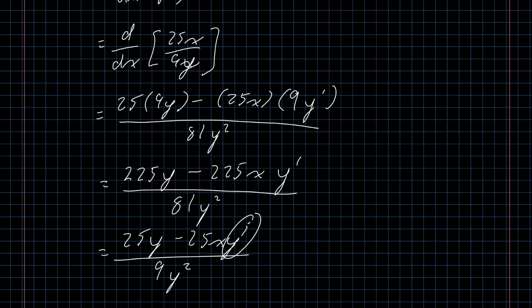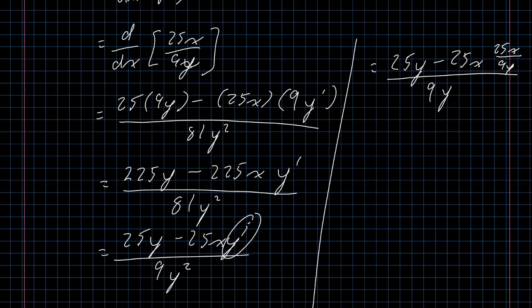But wait a second, I know what y prime is. It's 25x over 9y. Now I've got a fraction with fractions in it, so multiply top and bottom of the big fraction by 9y. 25y times 9y is 225y squared. 25x times 25x divided by 9y times 9y will cancel each other out.